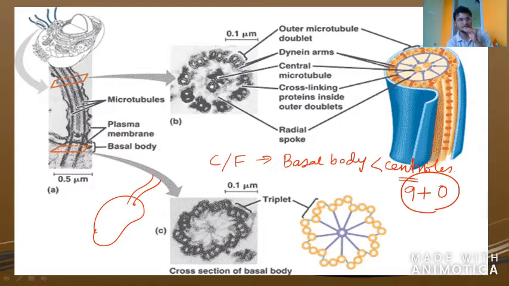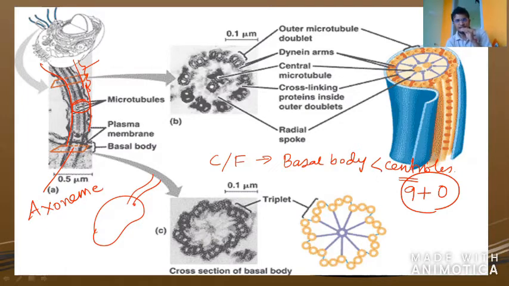If you take the cell here and you can see the cilia or flagella, the surrounding part is actually an extension of the cell membrane, and this inner core part is called the axoneme, and it is surrounded by the cell membrane.